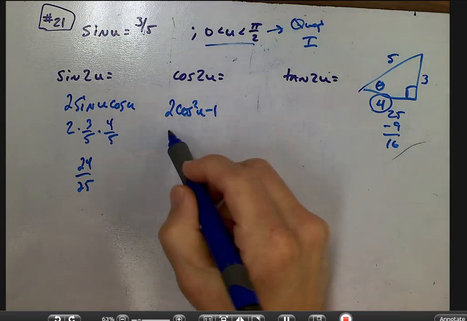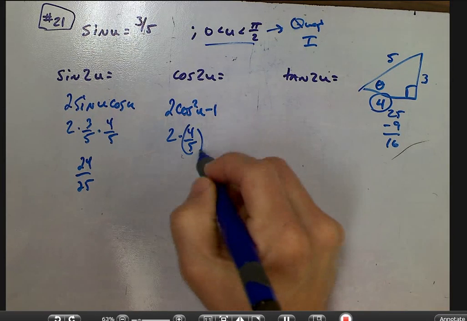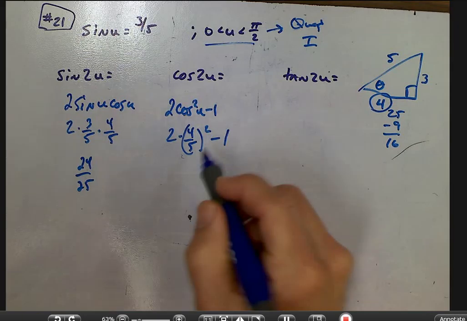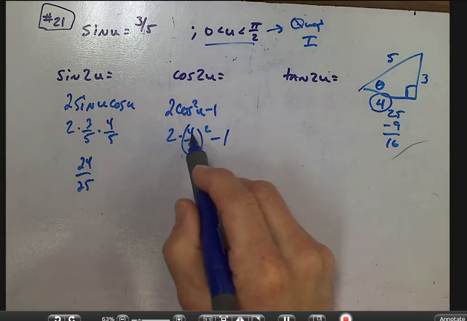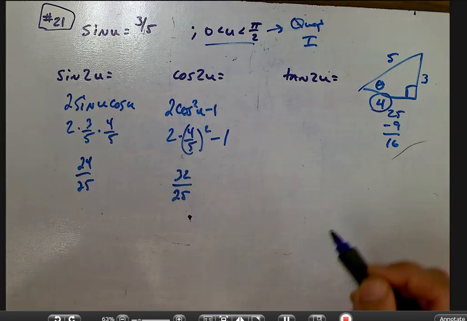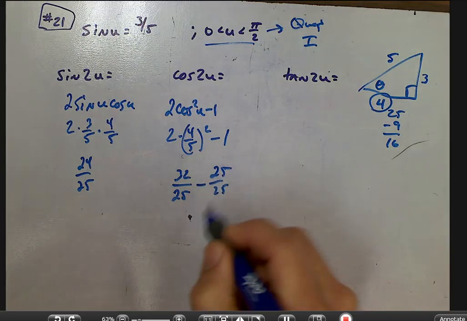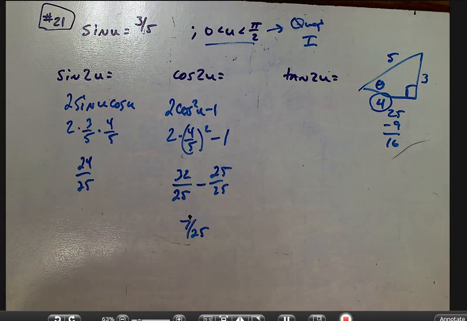So 2 times 4/5 squared minus 1. 4 squared is 16, times 2 is 32, over 5 squared is 25, minus, I'm going to change 1 to 25/25, and that gives me 7/25 for the cosine of 2u.